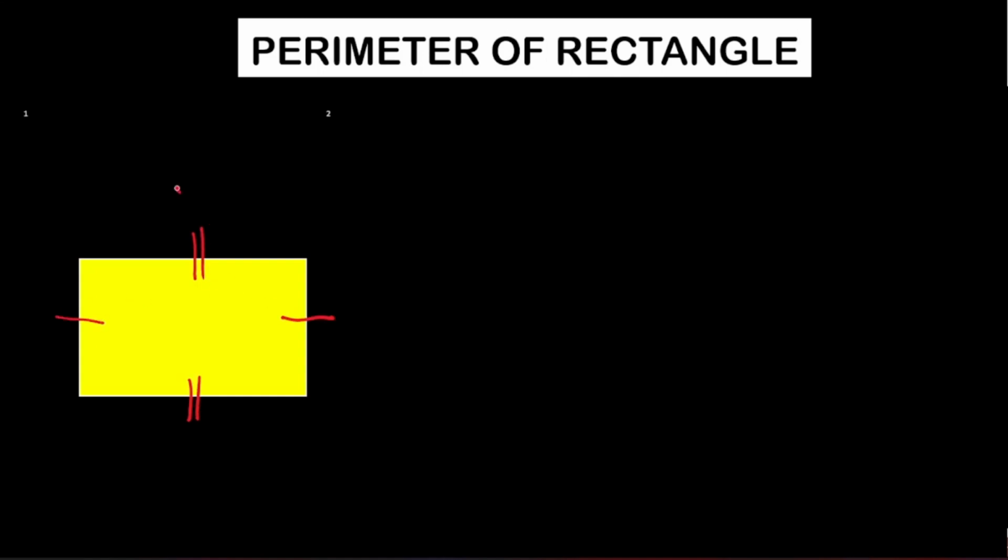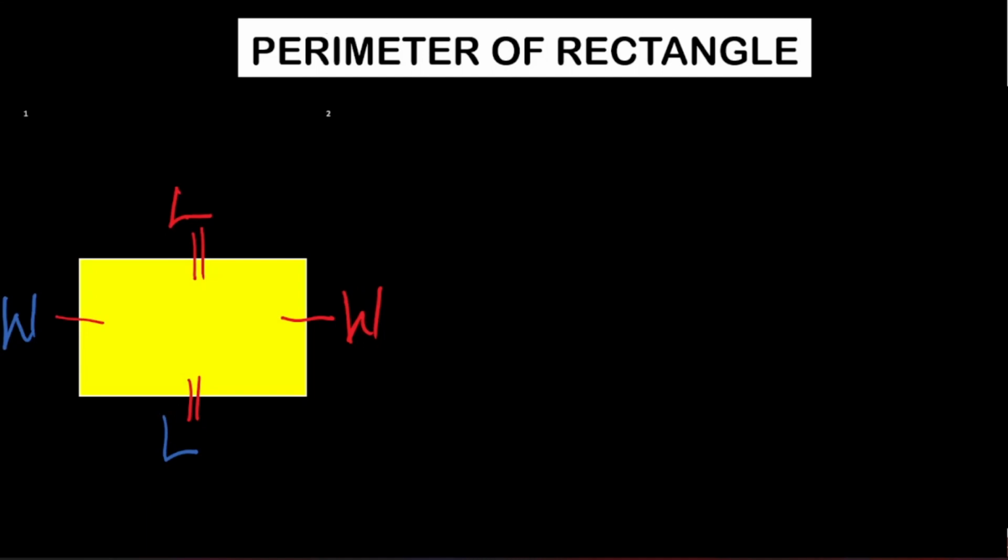So this is the length, and this is the width or the breadth, either of the two. So this will also be length, while this will also be what? The width. I hope that is clear.